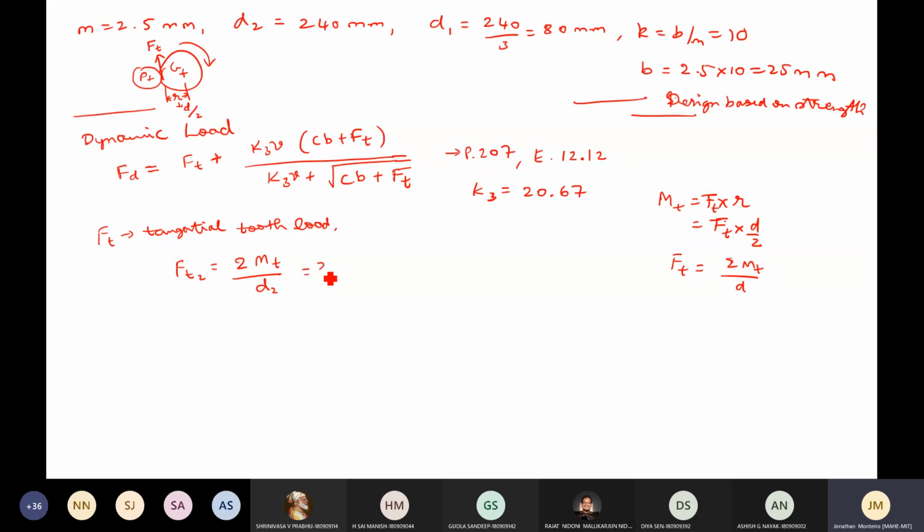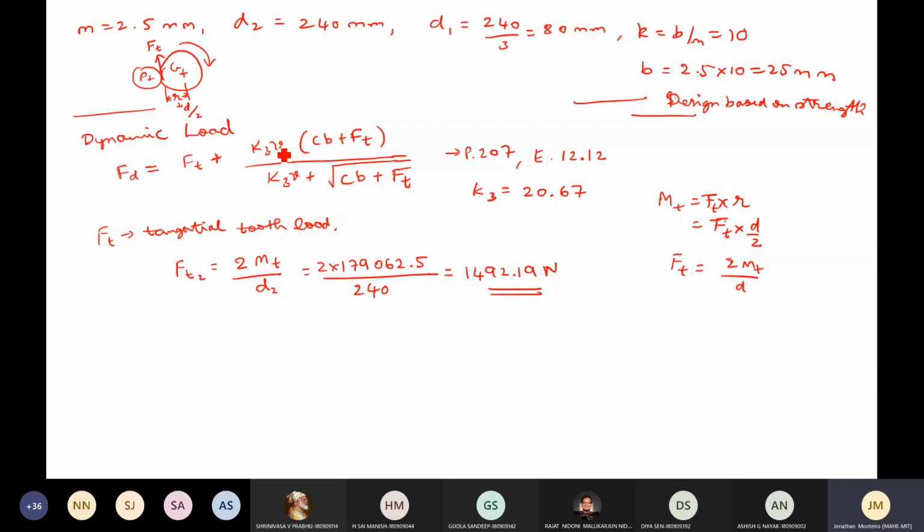So this comes out to be, so let us write that, 179,062.5 by d2, which is 240. So this will be 1492.19 Newton. So this is the tangential part of the tooth load, 1492.19 Newton.